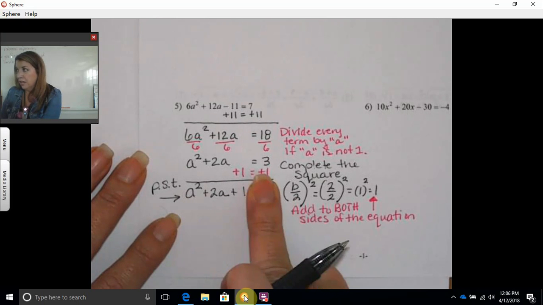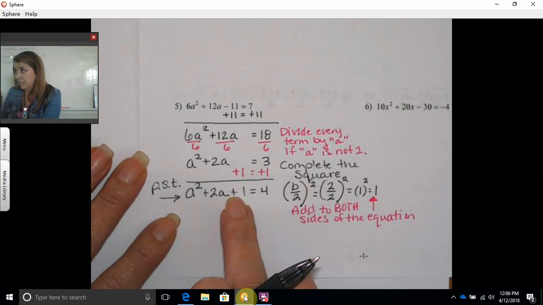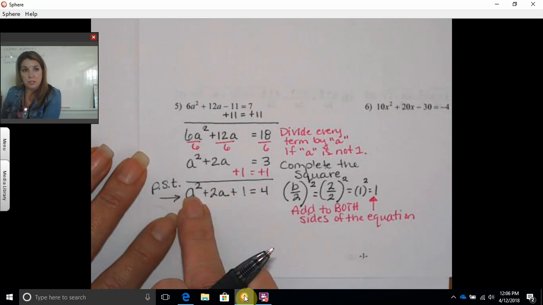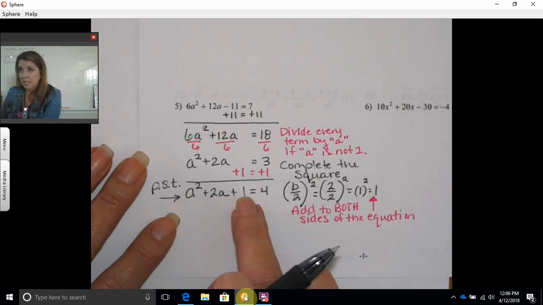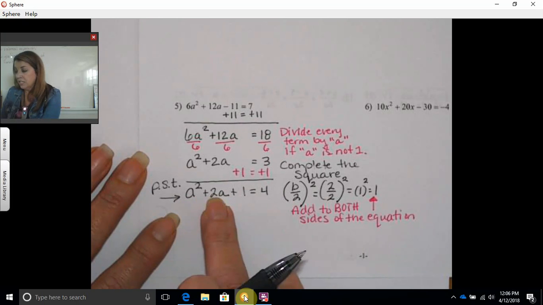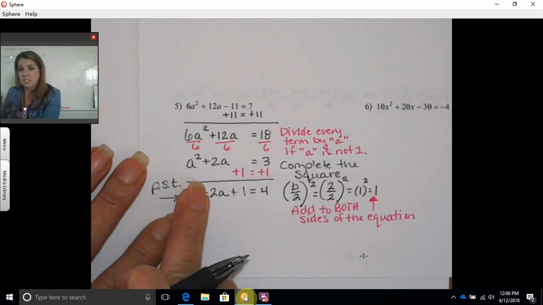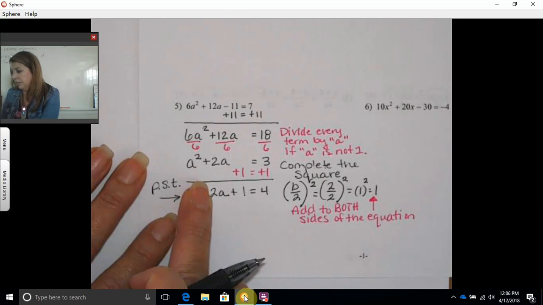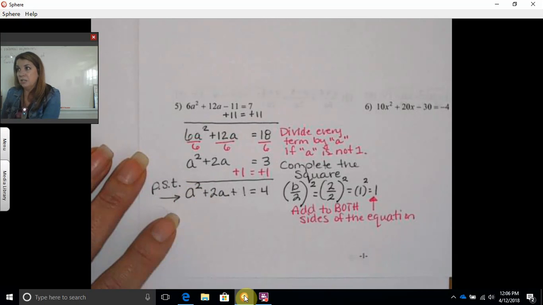I'm not looking at the right side of the equal sign. C has to be positive. And you have to check the middle term. What's the square root of the first term? A. What's the square root of the last term? 1. Multiply them together and you get 1a. Double it and you get 2a. As long as that's your middle term, regardless of the sign, then it is a perfect square trinomial.